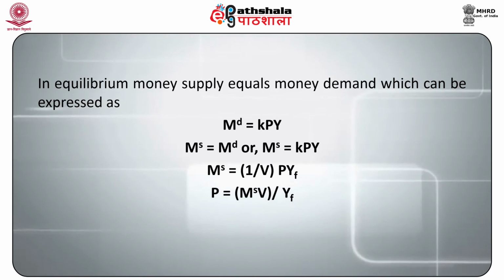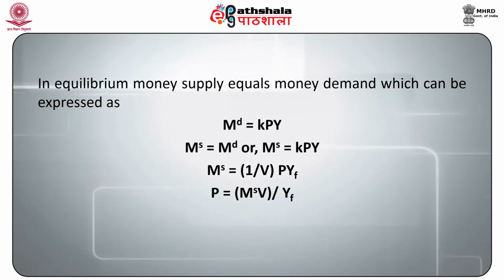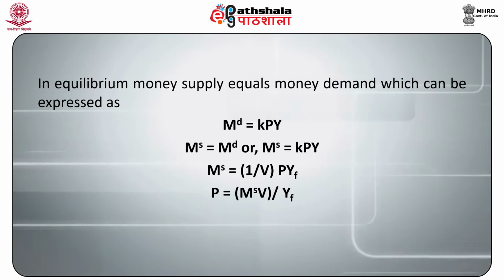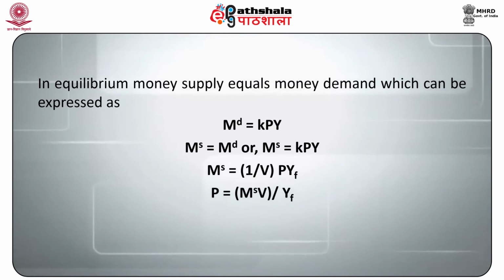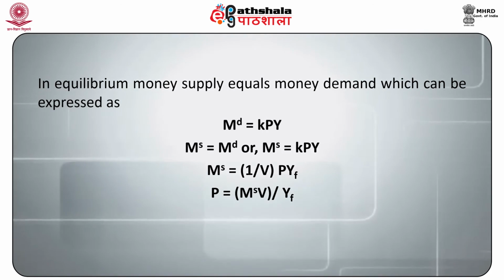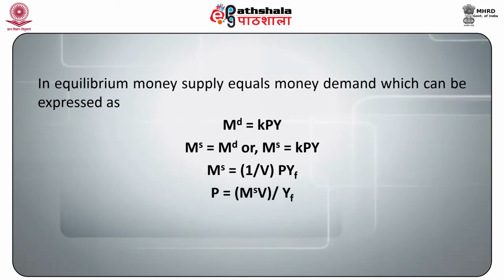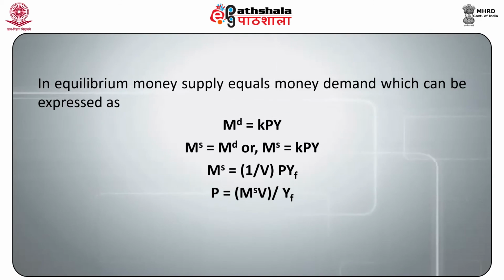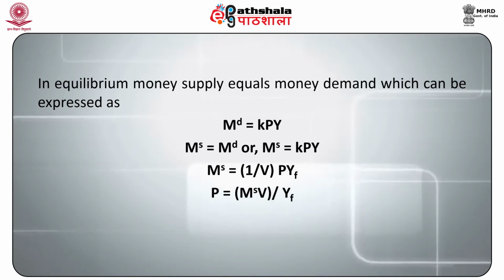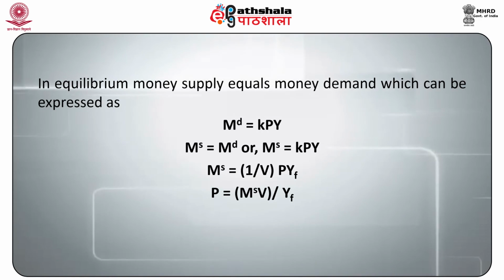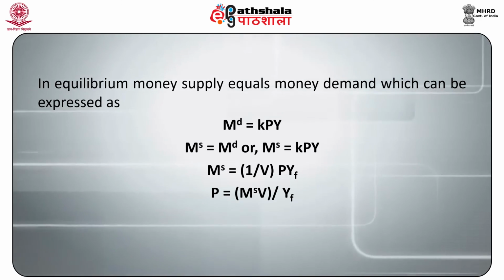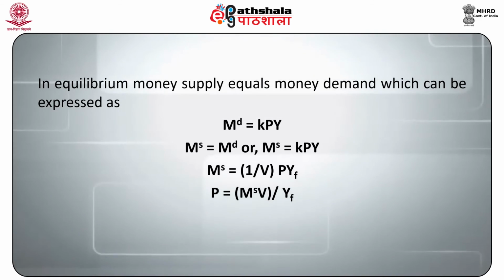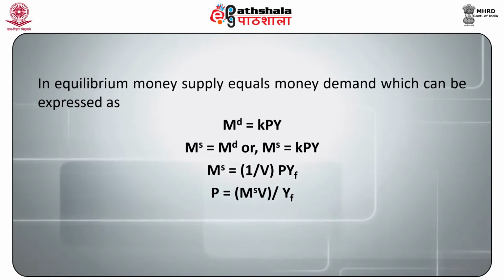If there is full wage price flexibility, so that output is assumed to be at the level of full employment, then Y can be replaced by Yf. Also, assume that 1/k is the velocity of money given by capital V, which is determined by the payment habits of the people and other institutional factors and is treated as given.